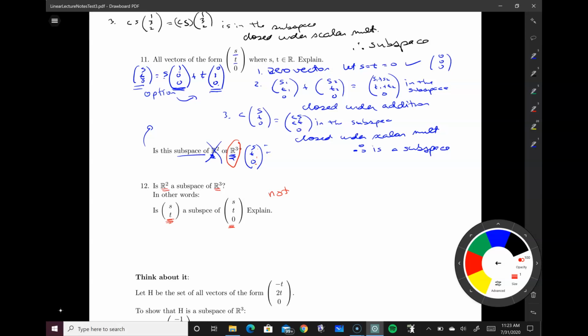They are different animals, right? I'm going to use that phrase a lot. Different animals meaning no, I can't add s, t and a, b to get things that look like c, d, e. It can't be done. So R2 and R3 have nothing to do with each other.